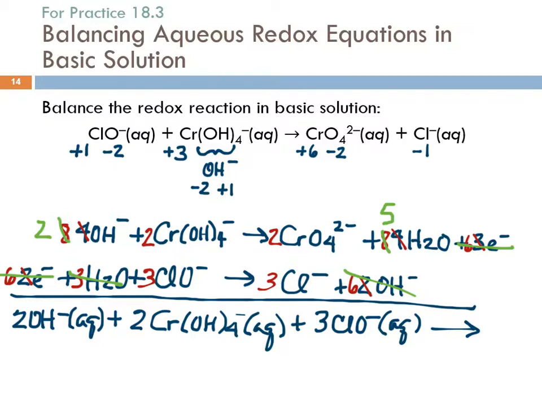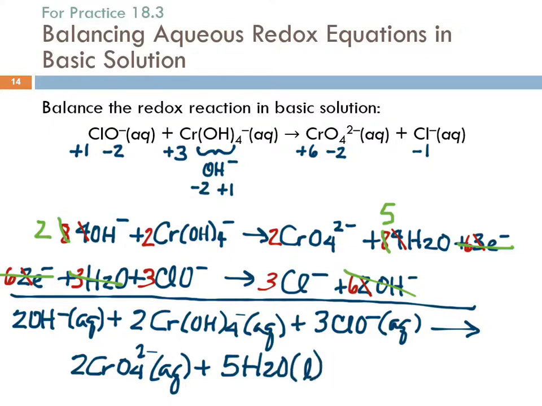So what you do is you just wrap around and you write the rest of it on the next line. Usually we just kind of start in a little bit. So I've got 2 CrO4 2 minus aqueous, and I've got 5 H2Os, those are liquid, and I've got 3 Cl minuses.